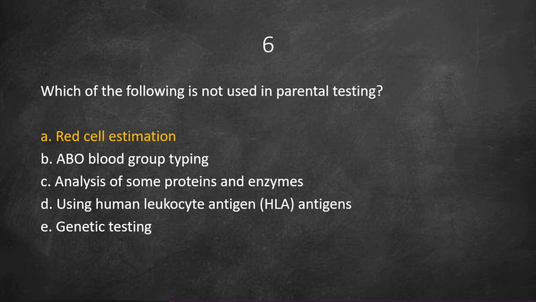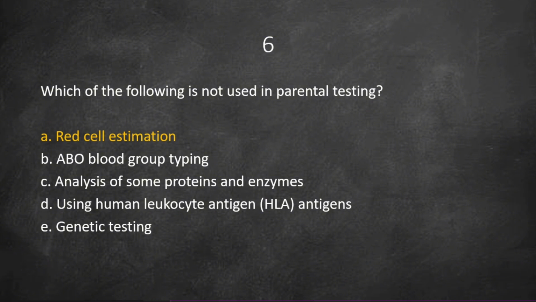It will give you the possibilities of parentage. Then analysis of some proteins and enzymes is also viable. In some cases we could test for specific inherited traits and conditions that can help to determine parentage by assaying for some of these proteins and enzymes.